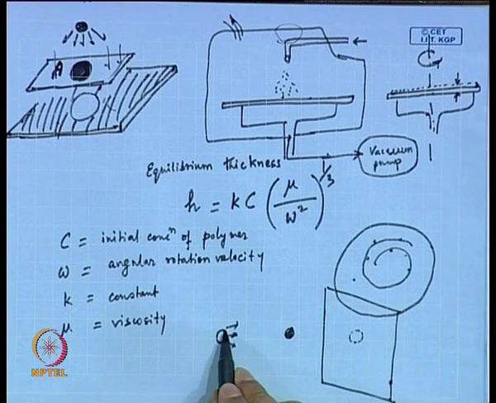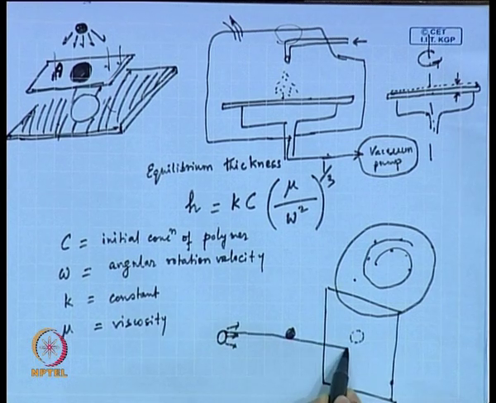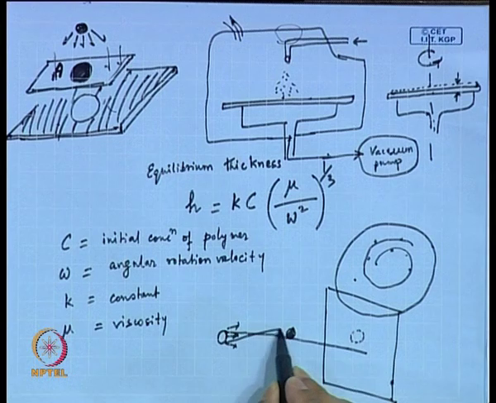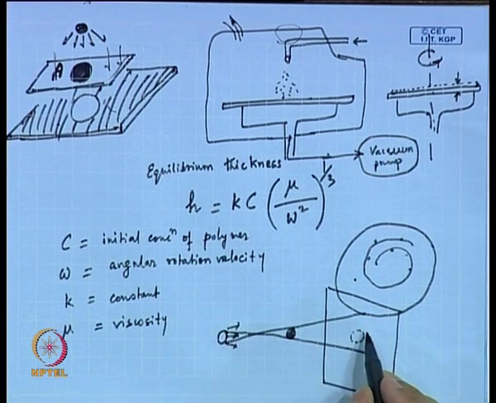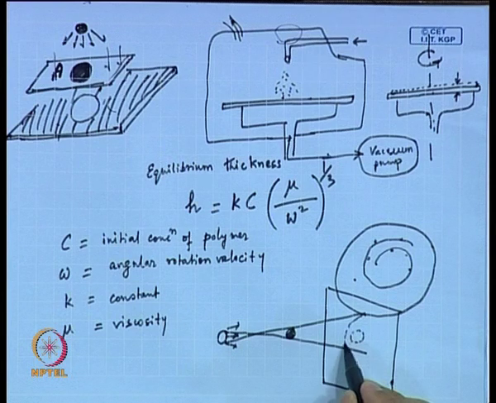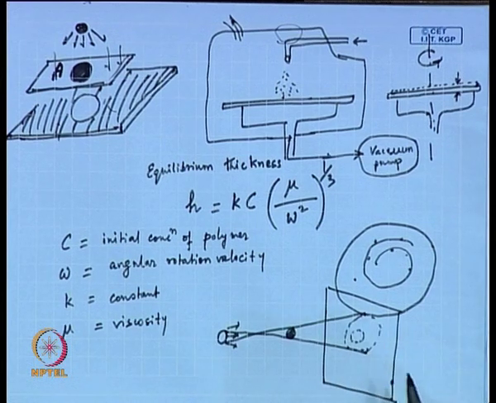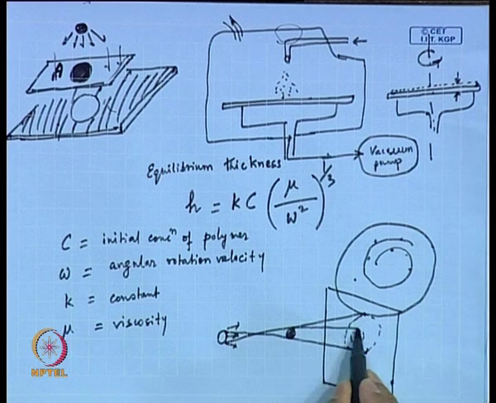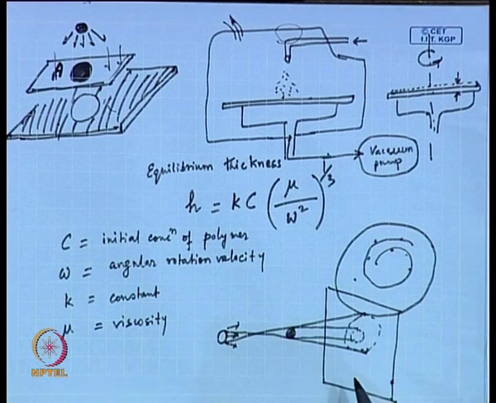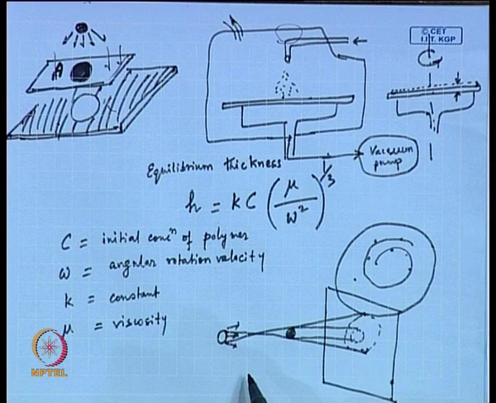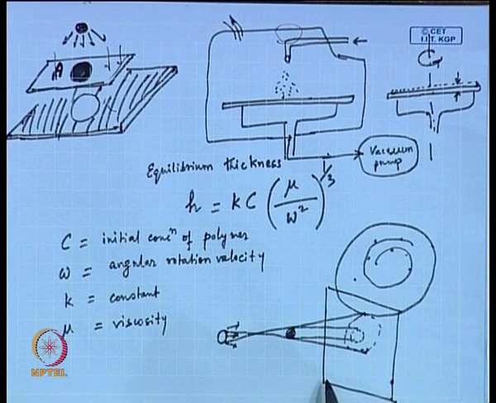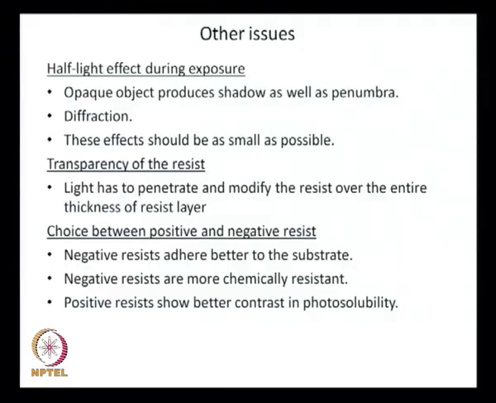I am sure you have studied something called penumbra. There would be a reduced light around the object, because after all what you are doing in this mask and pattern transfer step is creating a shadow of the mask that you put.